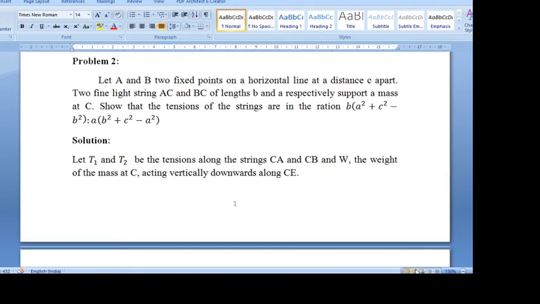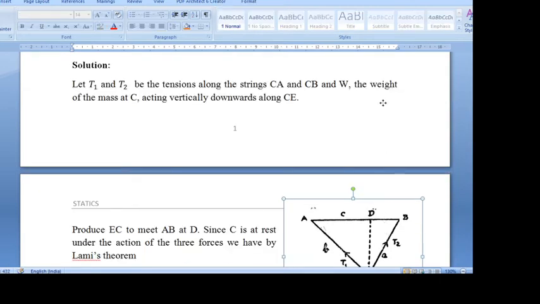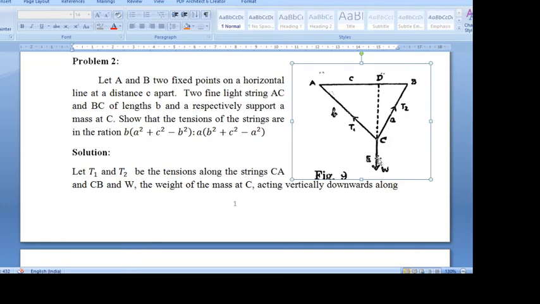The next problem. In this problem, A and B are two fixed points on a horizontal line, at a distance C apart.